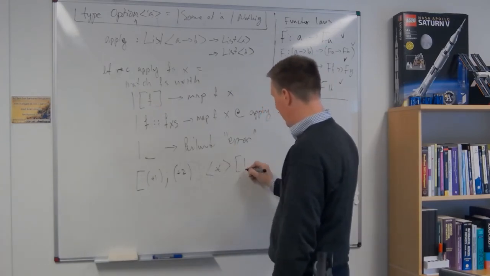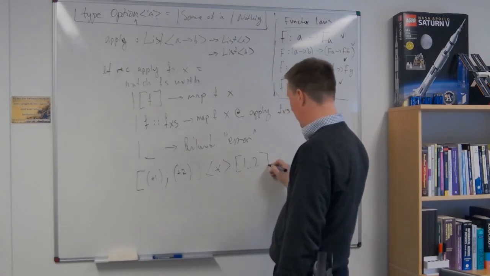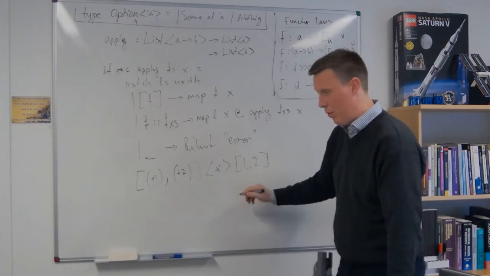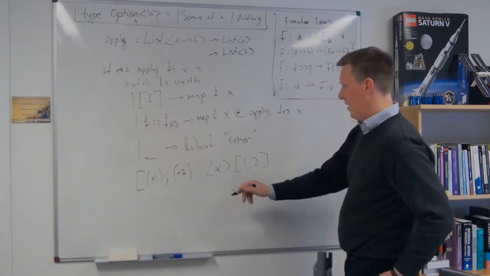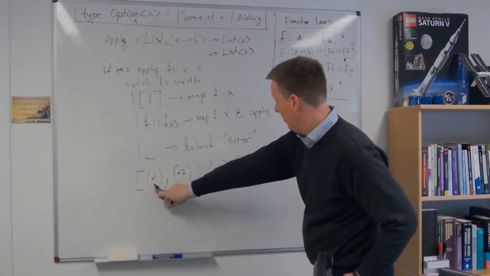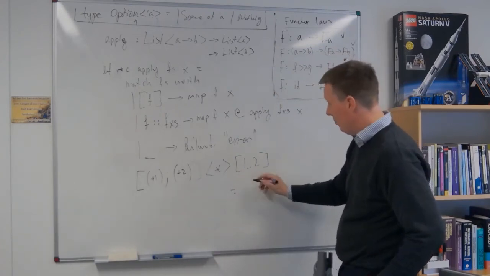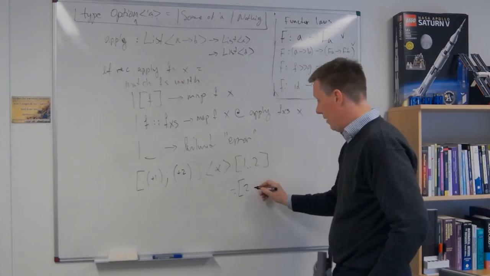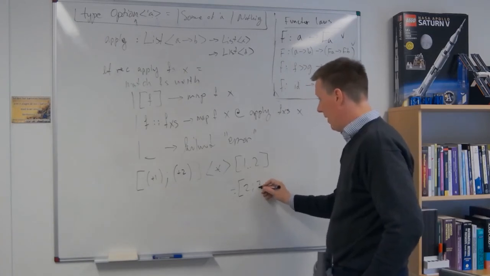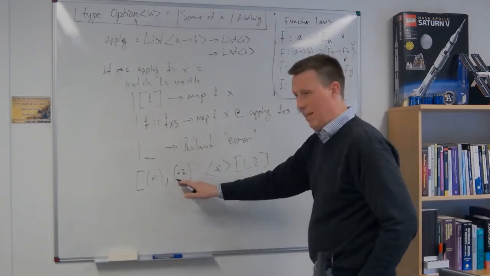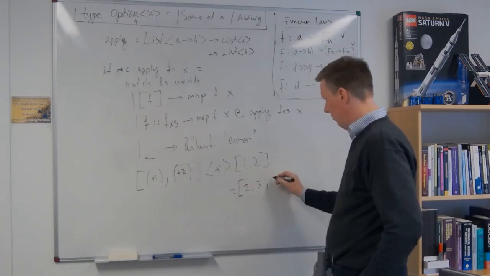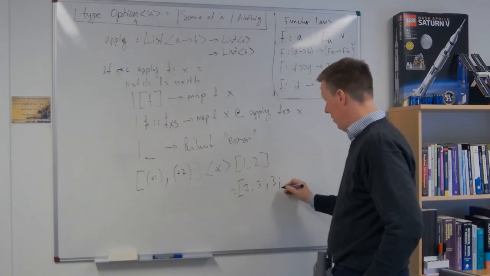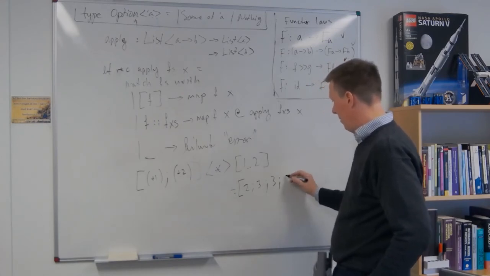And I can create a list from 1 to 2. And what will this produce? Well, first it will take the first function and apply it to the first value. So that will become 2. It will take the first function and apply it to the second value. That will become 3. Then it will take the second function, apply it to the first value. So that's +2, that's 3. And then it will apply it to the second value, 4.